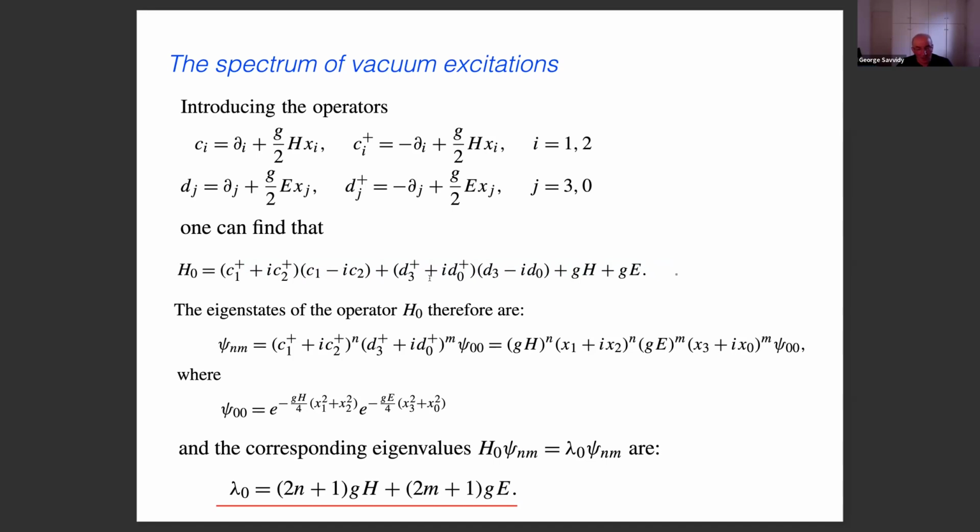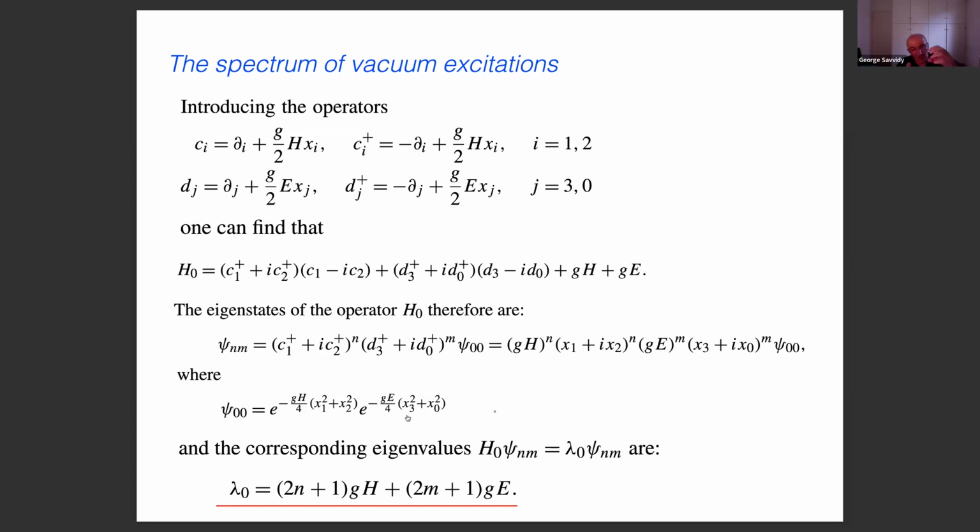Now, because it's just a standard oscillator, you can easily find that the wave functions are creation operators acting on the vacuum state, the lowest state, psi 0,0. Psi 0,0 is just a Gaussian wave function with H in the plane 1, 2, and with E in the plane 0, 3.